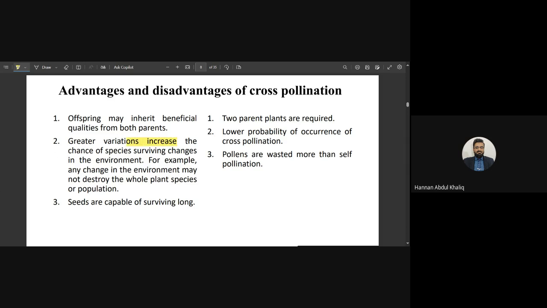So greater variations increase the chances of the species surviving. Then, seeds are capable of surviving. This is one of the very important points, also called seed dormancy. This is something very strange. Dormancy is a phase of no metabolism, yet the organism still lives.